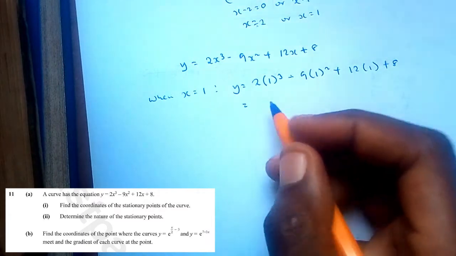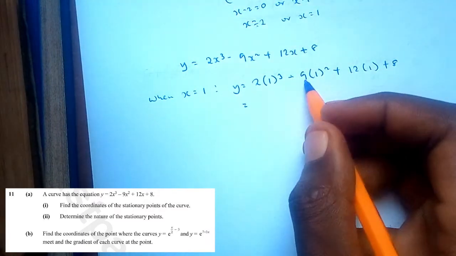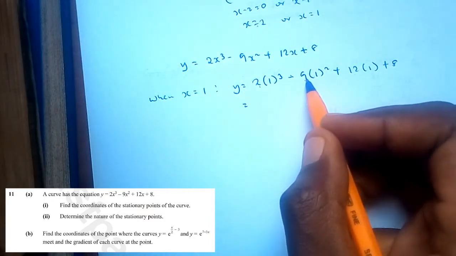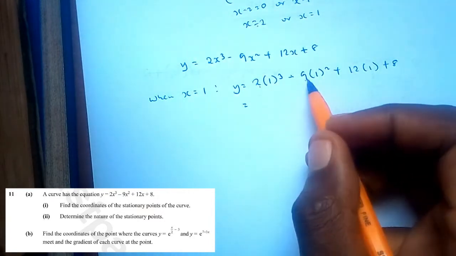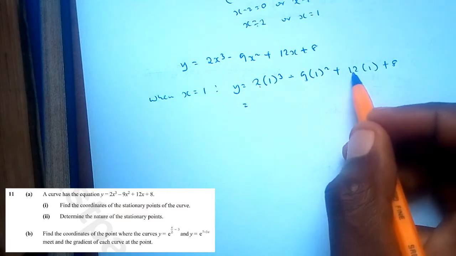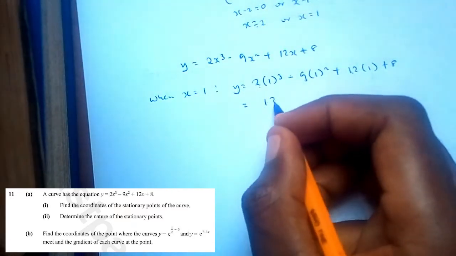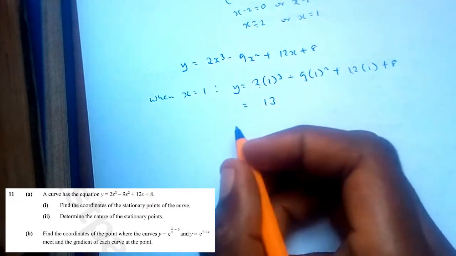So 2 minus 9 is negative 7. Negative 7 plus 12 is 5. 5 plus 8 is 13. So this is our first point.